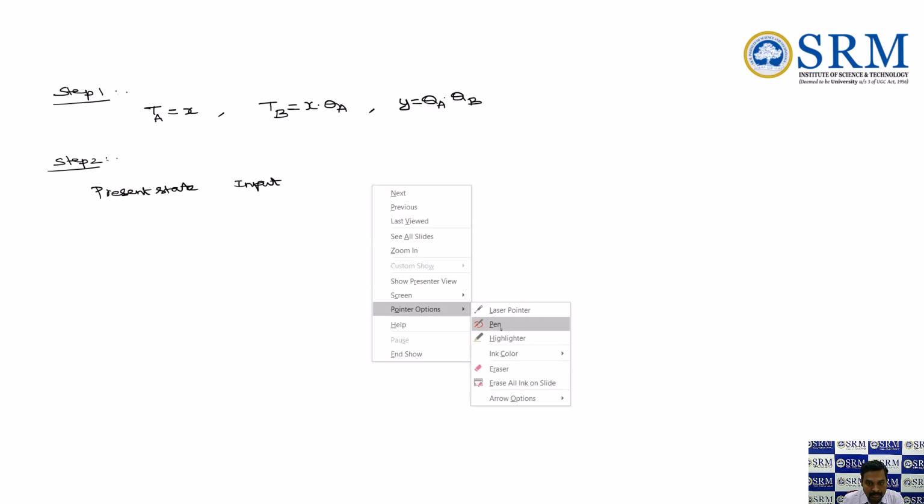We are using T flip-flops, so TA, then TB, then the next state. The next state will be represented as QA plus and QB plus, and then the output Y.